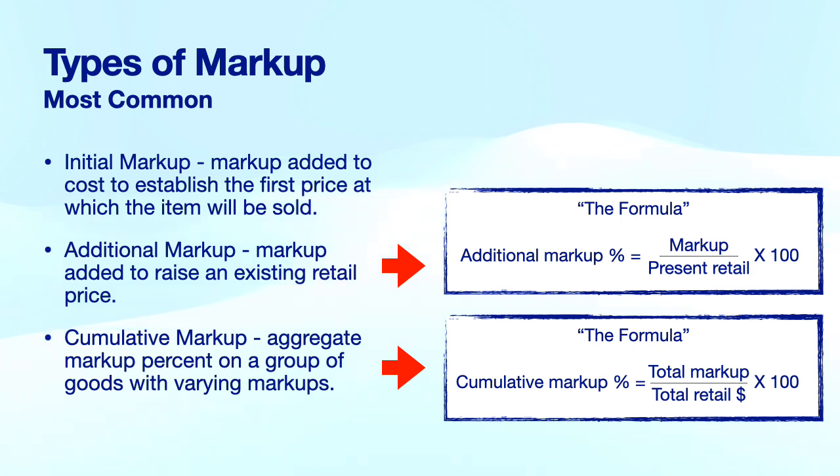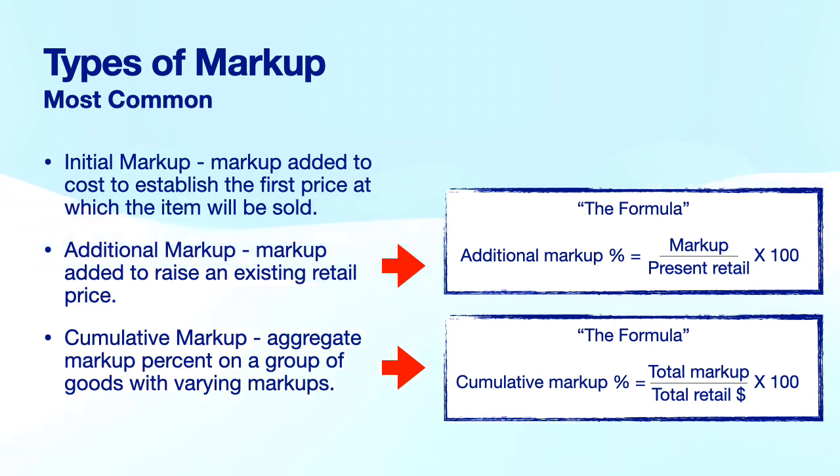So here are the most common types of markup: your initial markup, your additional markup, and your cumulative markup. Your initial markup is a markup that is added to the cost to establish the first price at which the item will be sold. This is also referred to as your regular or your original price.